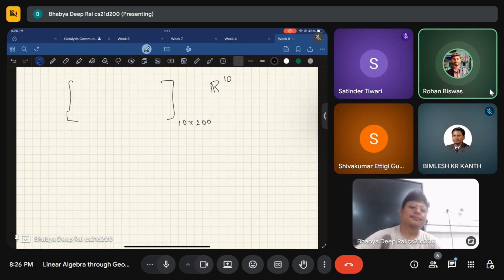When someone is saying that to perform row operations, they should be considering R200, I'm giving them an alternative, and I'm telling them not to perform operations on R200. It will involve playing with many numbers. Instead, play with R10, and I will give you the mapping. So, can I say that here the row space is isomorphic to R10?